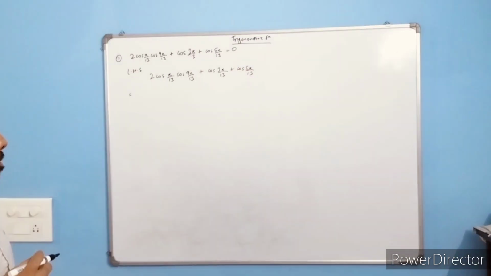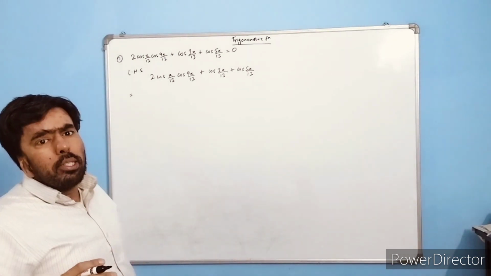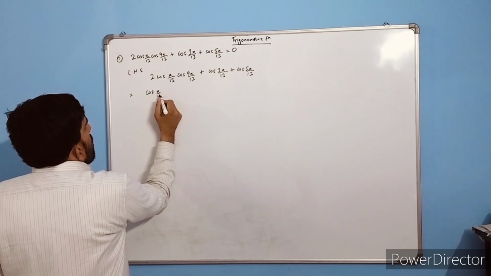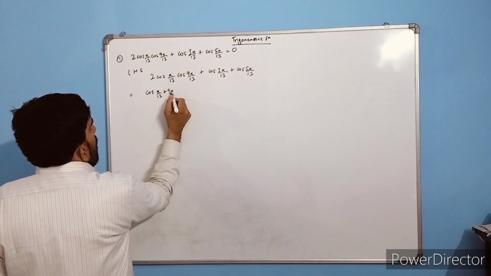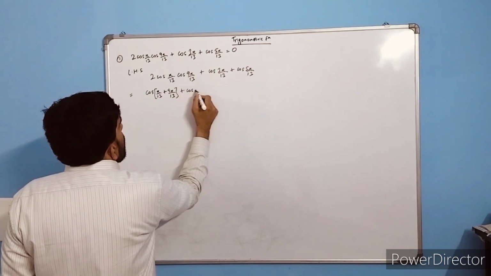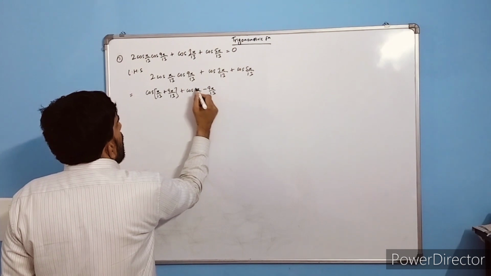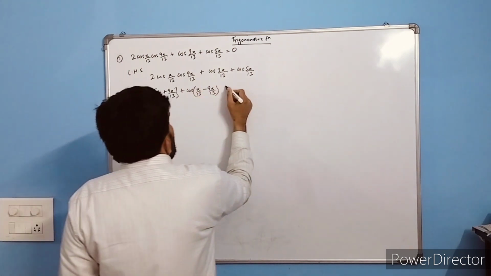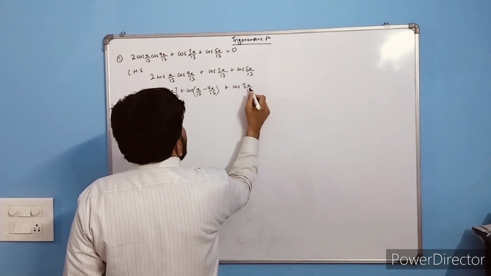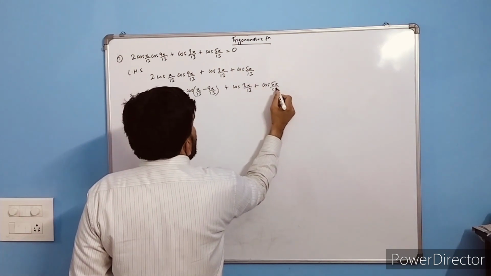So now what we will do, first apply the formula for 2 cos x cos y, that is cos x plus y plus cos x minus y, plus cos 3 pi by 13 plus cos 5 pi by 13.